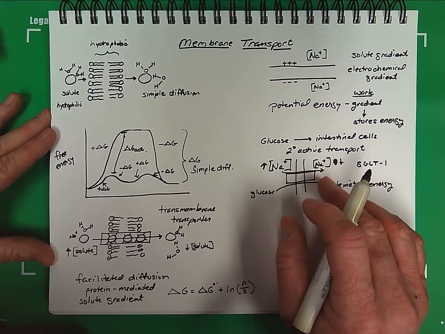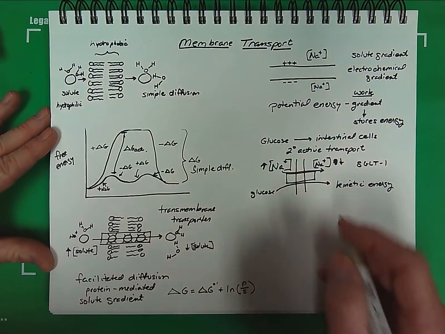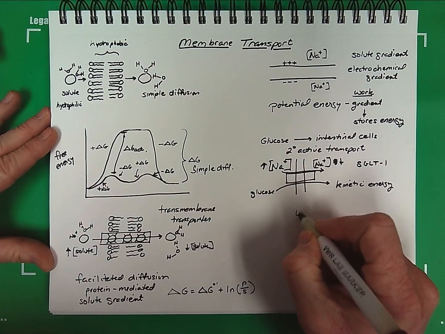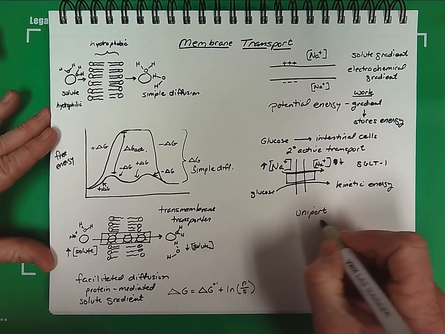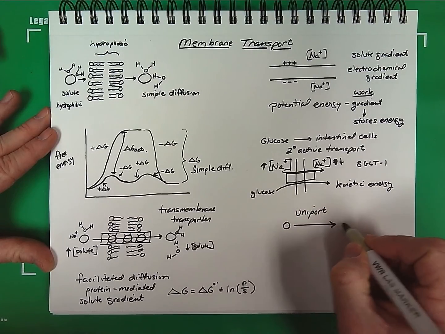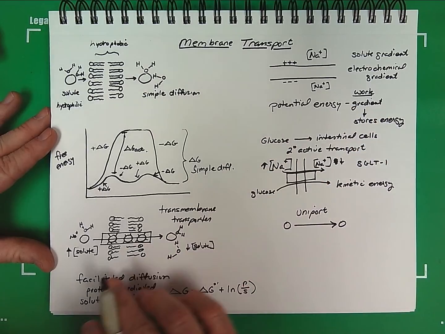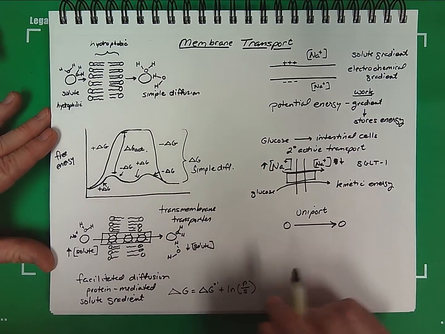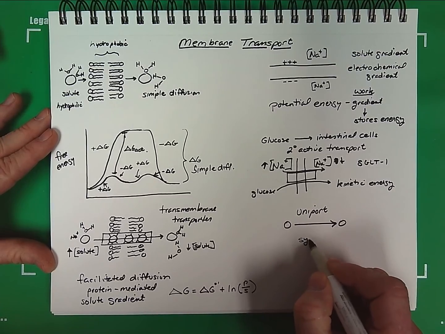Now, transporters come in several different varieties. We have, first of all, uniport transporters. This means a molecule is going to be moving in one direction, similar to what we've discussed here with our facilitated diffusion. We can also have symporters.